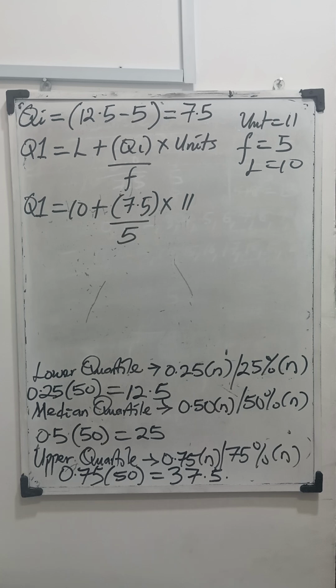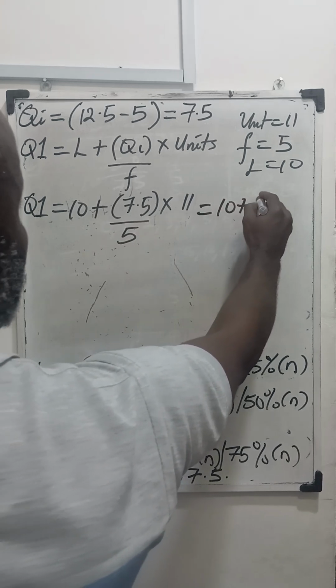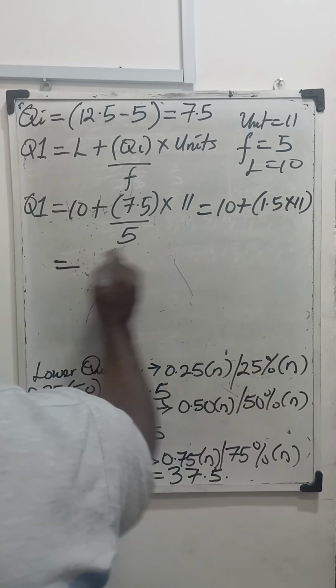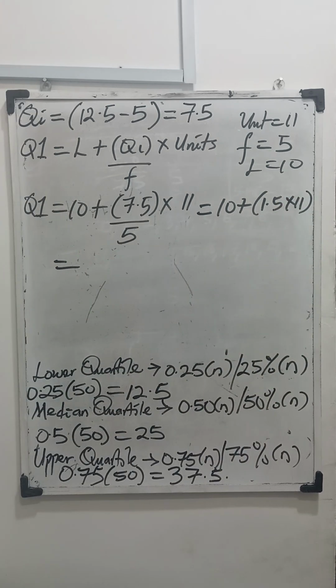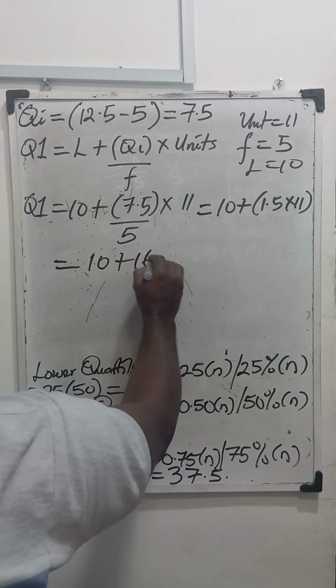It's 1.5. So this is 10 plus 1.5 times 11. Are you watching? 1.5 times 11 gives you 16.5. So you have 10 plus 16.5.